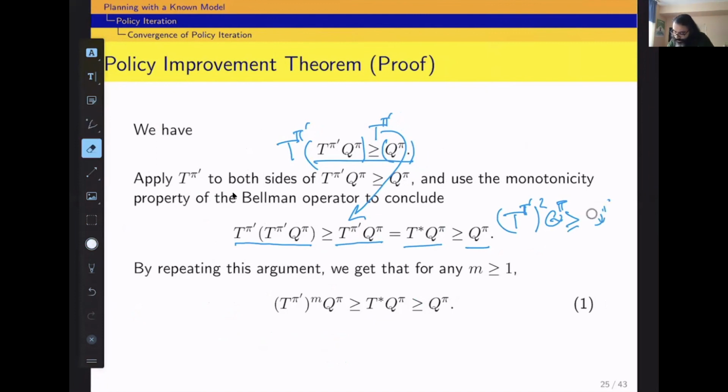And I can repeat this argument many times to get that for any m, it holds that T pi prime to the power of m, which means repeating it m times, of Q pi is greater or equal than T star Q pi, greater or equal than Q pi. Okay, so is this clear what I'm doing?